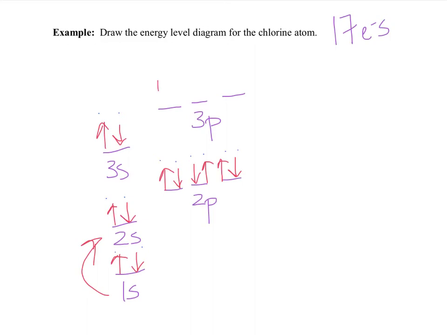Those are going to go into 3p. 1, 2, 3, 4, and 5. And notice too that it doesn't matter which suborbital you put it in, as long as you've got the 5 electrons there, and that you start with 1 in each suborbital before you start pairing them up. So that's the energy level diagram for chlorine.